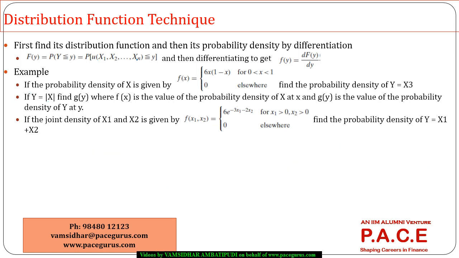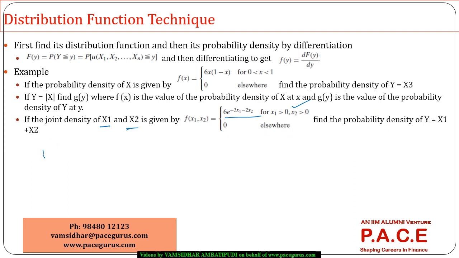In case of two variables, let's look at this example. Joint density of x1 and x2 is given by 6 e to the power of minus 3x1 minus 2x2, where x1 and x2 are greater than 0. Now I am more interested in finding the probability of x1 plus x2.